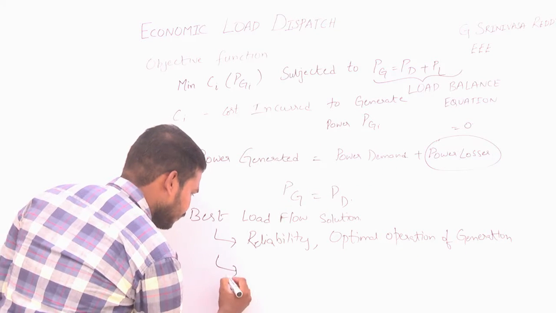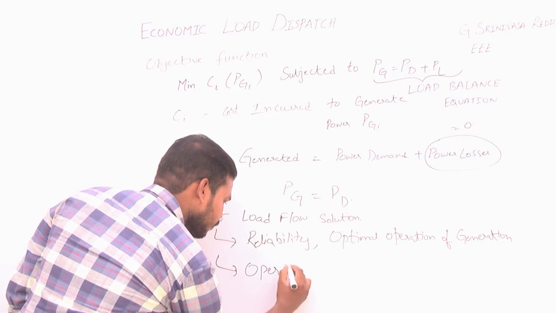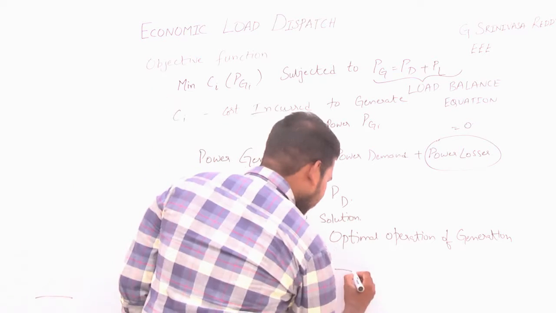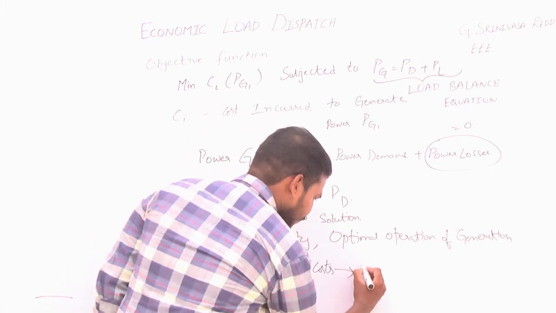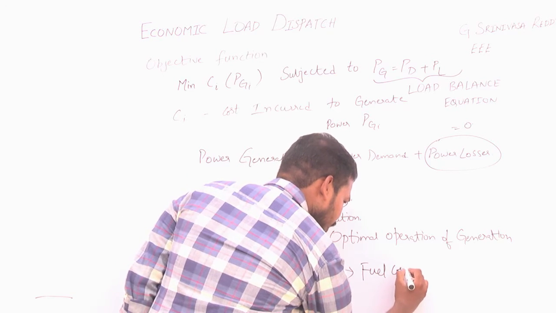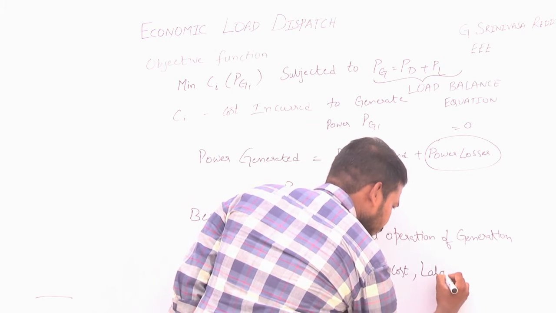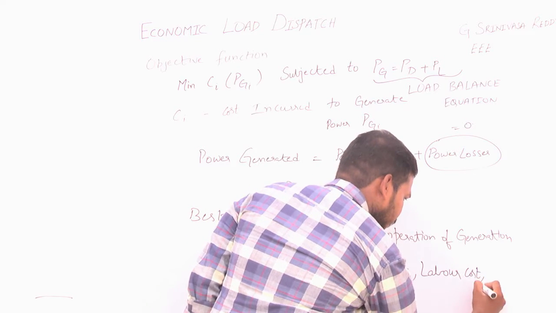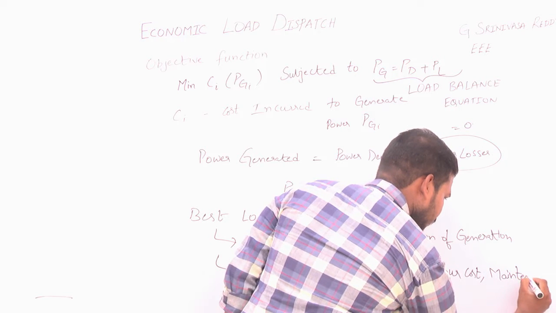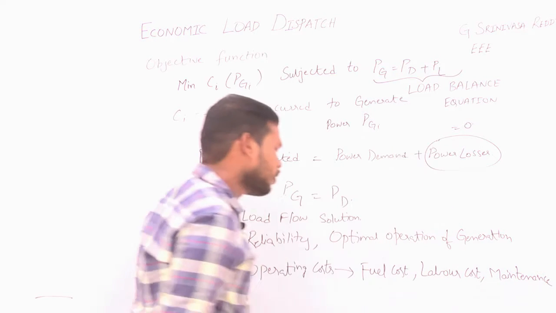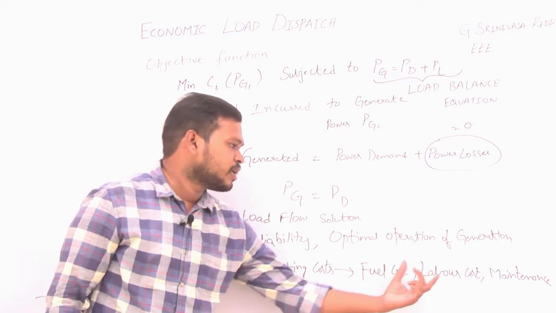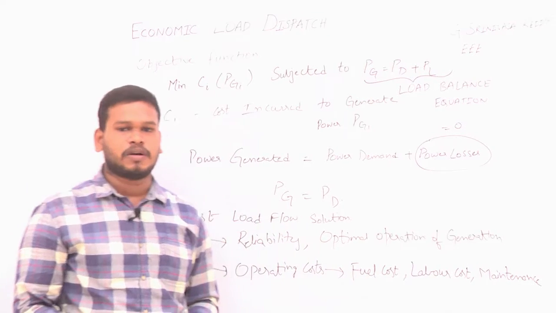Next one, operating costs. In operating costs we have fuel cost, labor cost, and maintenance cost.